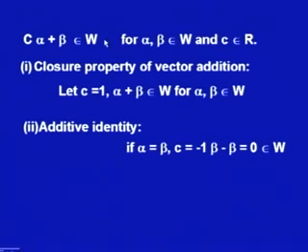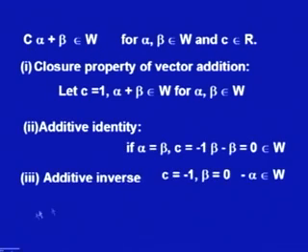So, if C alpha plus beta belongs to W for all values of alpha, beta and C in R, then beta minus beta, which is equal to 0, will also belong to W. So, this shows that there exists an additive identity in W. So, the existence of additive identity in W is established in terms of this condition.